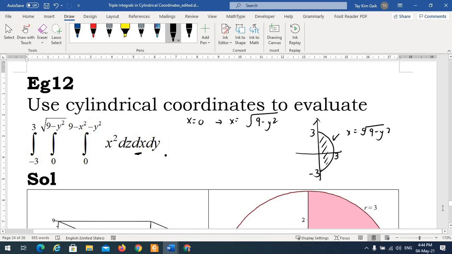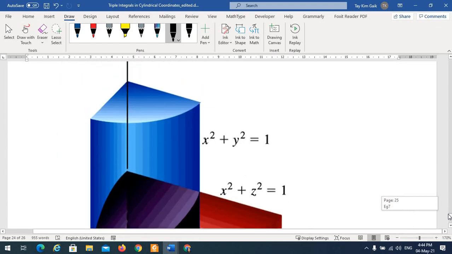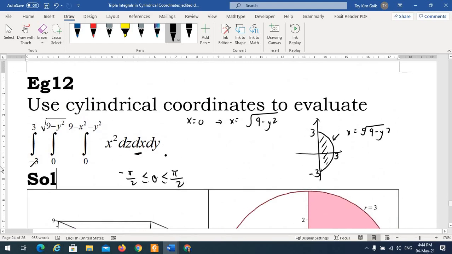Now take the theta. Remember, for the fourth and the first quadrant, your theta is negative pi over 2 until positive pi over 2. If I change a little bit, if I put y from 0 to 3, then we're left with only the first quadrant, whereas the limit of x alone tells you two quadrants, fourth and first.